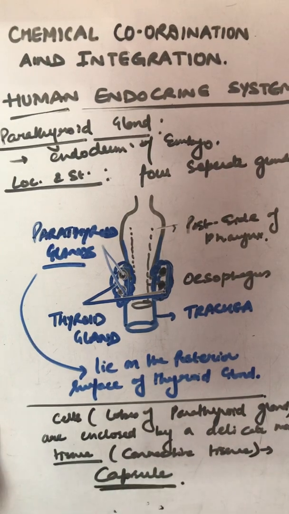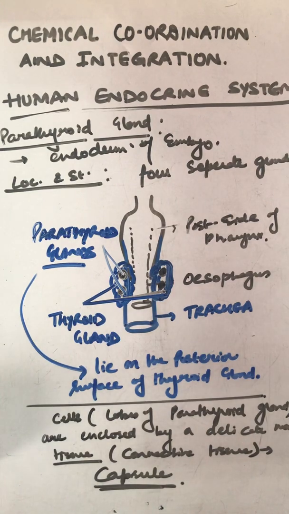What do we call it? Capsule. And the chief cells in it, they are more active. Alright, and they are absent in young and appear a little before the age of puberty.